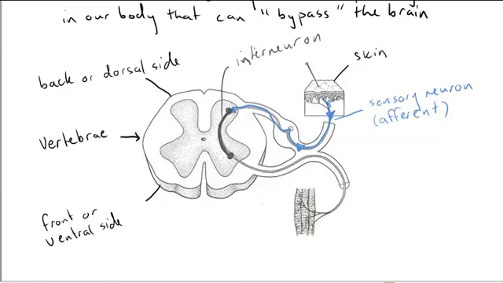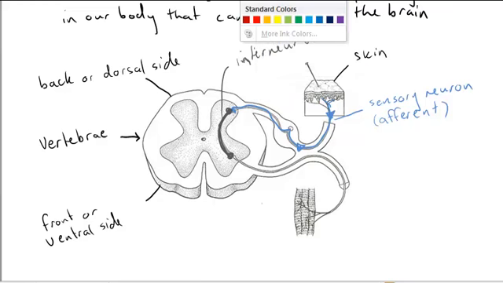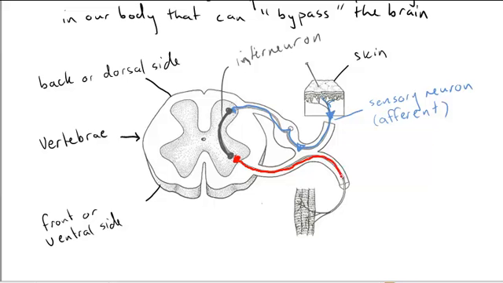And then in red, I'm going to color it red because it heads to muscle and it makes me think of red meat. This is your motor neuron.